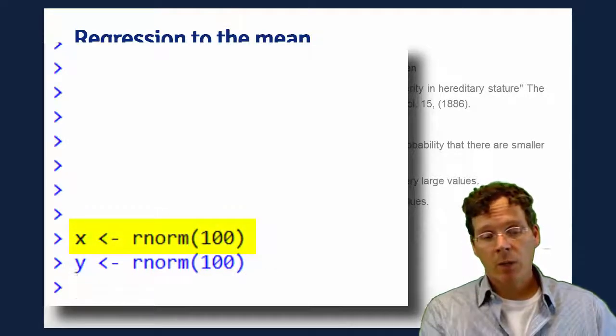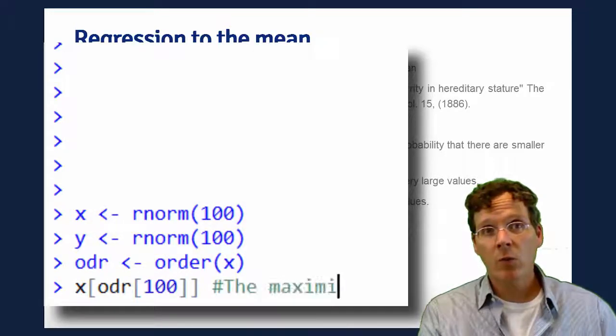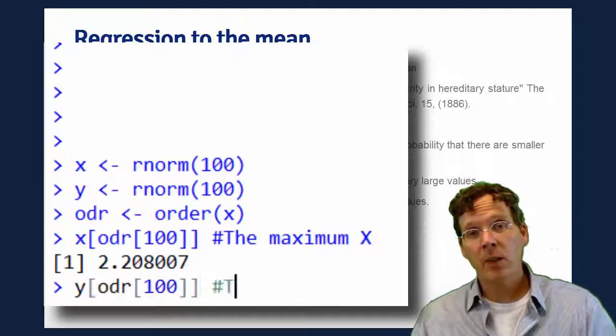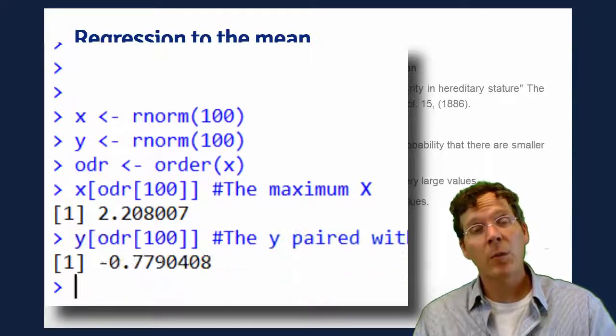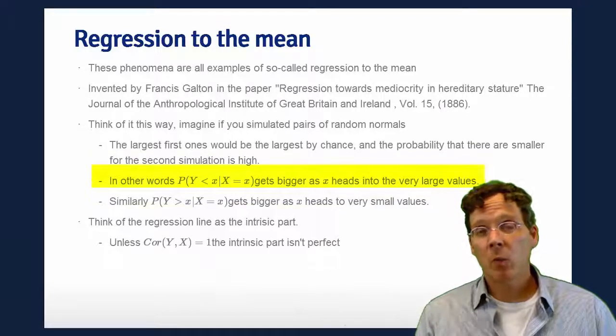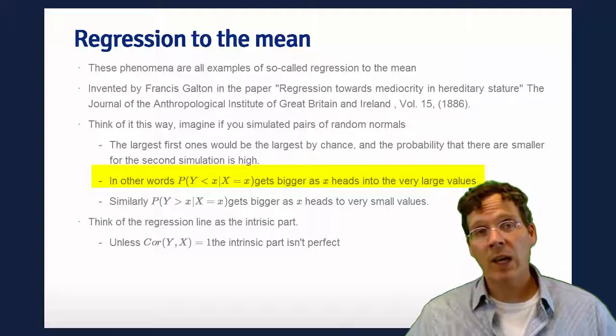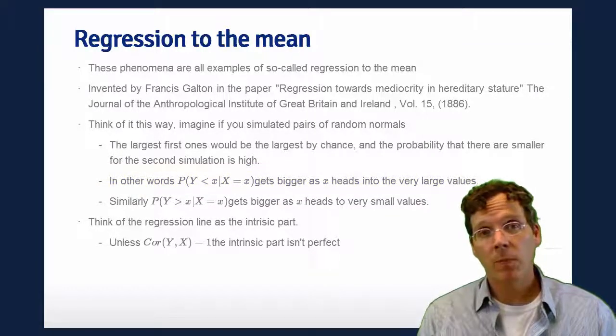Well, in this first vector of standard normals that I generate, if I were to take the largest one, the chance that its pair in the second vector is smaller will be high. And this is simply saying that the probability that y is less than x, given x, is going to get bigger as x heads to very large values.